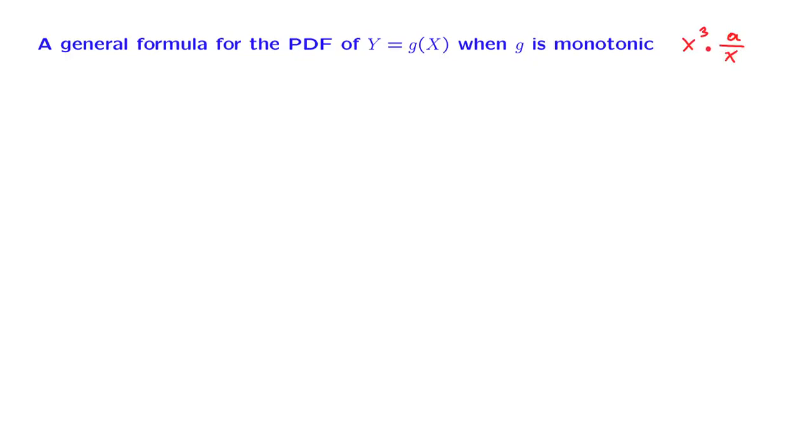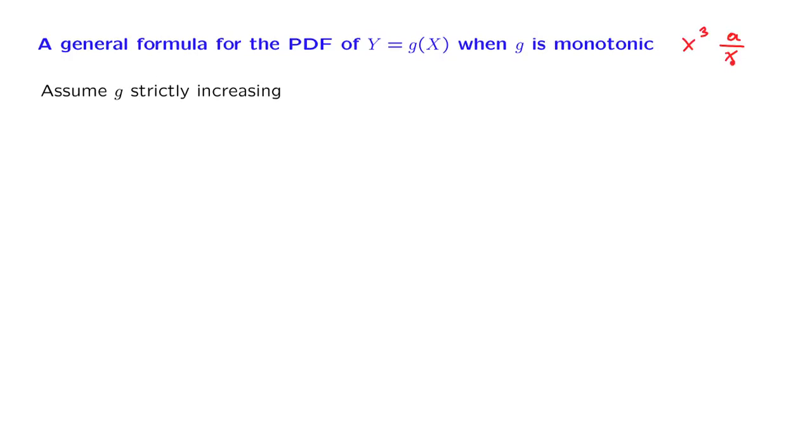What both of these examples have in common is that y is a monotonic function of x. In this case, y is increasing with x. In this case, y was decreasing with x. It turns out that there is a general formula that gives us the PDF of y in terms of the PDF of x in the special case where we're dealing with a monotonic function.